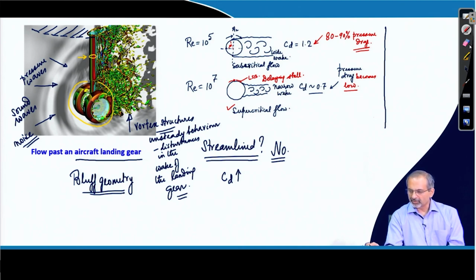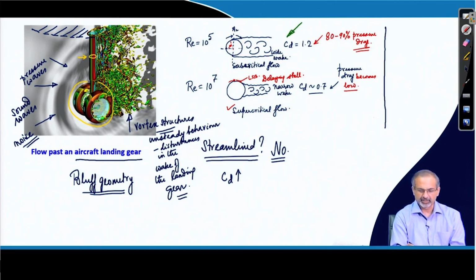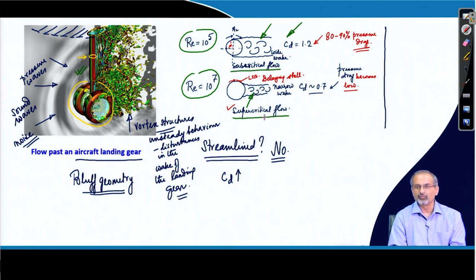So, the concept of bluff body flows is going to be very useful in trying to understand these kind of flows past blunt surfaces. And then again you know that as Reynolds number varies, the nature of the wake would also vary. You could have a wider wake in the case of a subcritical flow, you would have a thinner wake in the case of supercritical flow.